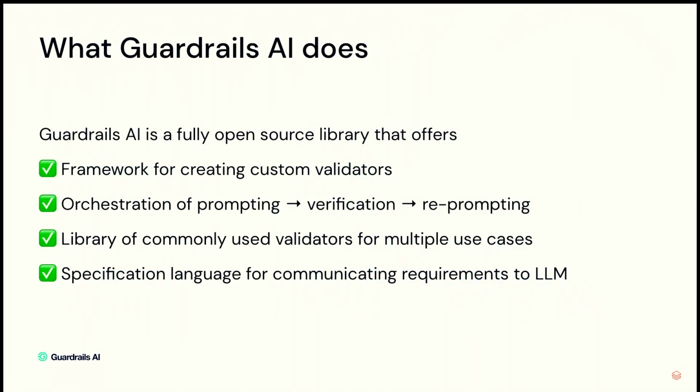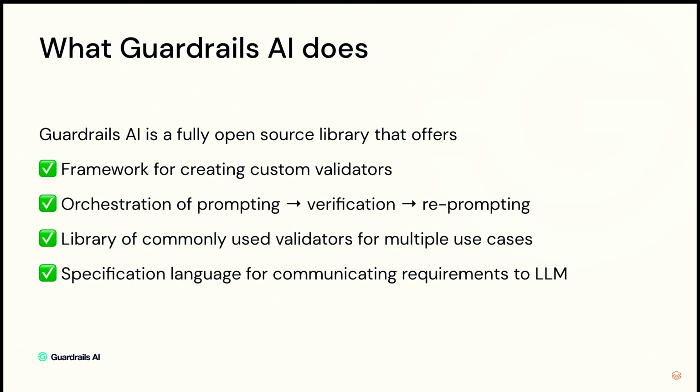So what does Guardrails AI offer you if you're working in this framework? Guardrails AI is a fully open source library that first and foremost is a framework for creating custom validators. So each of the validators that I showed you on the previous page are custom validators that can be created with Guardrails.